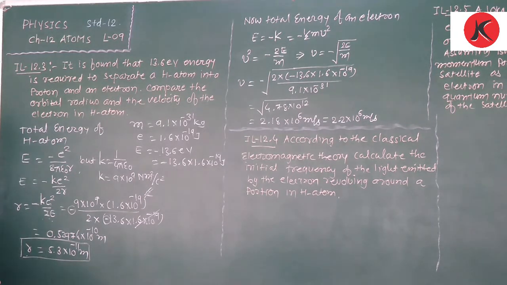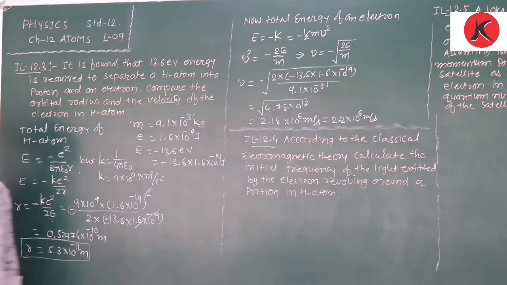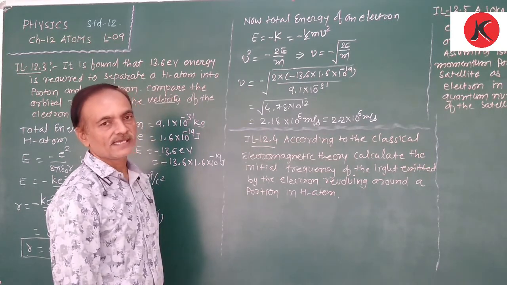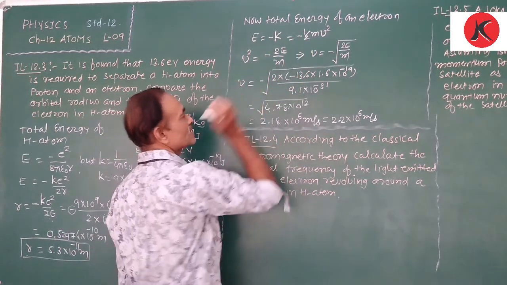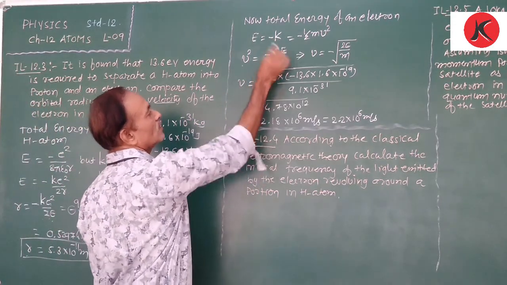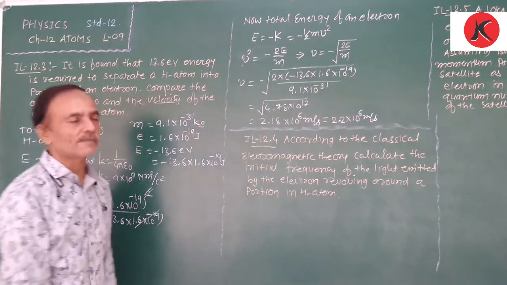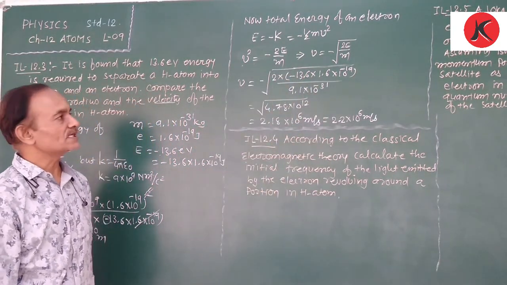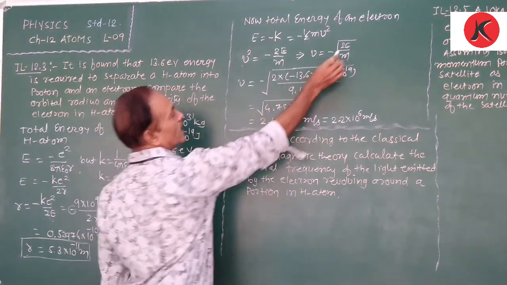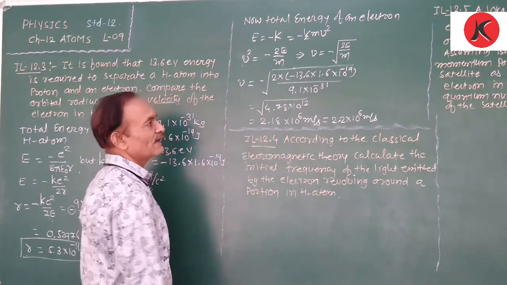Now we require also the velocity of the electron in the hydrogen atom. For that purpose, the total energy of an electron E is equal to minus the kinetic energy, which is half m v square. Therefore, the equation of velocity, v square is equal to minus 2E upon m. Therefore, v is equal to under root of minus 2E upon m. Now we substitute the value. v is equal to under root of 2 into minus 13.6 into 1.6 into 10 raised to minus 19.